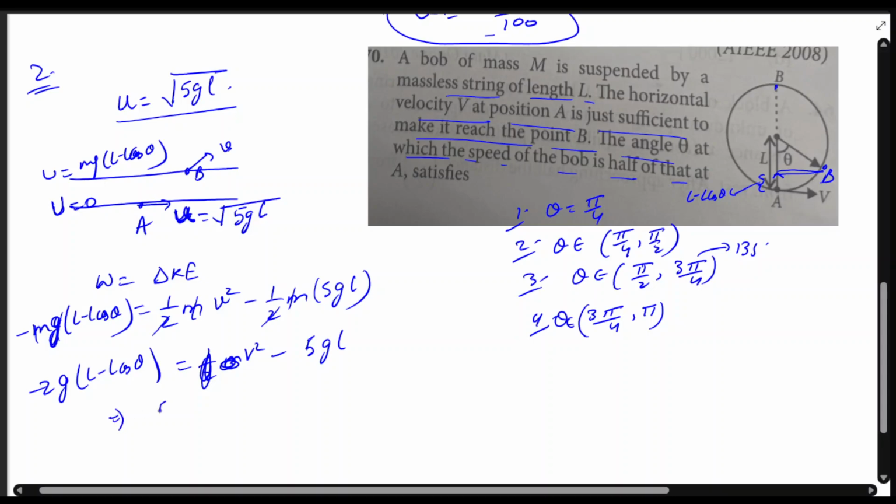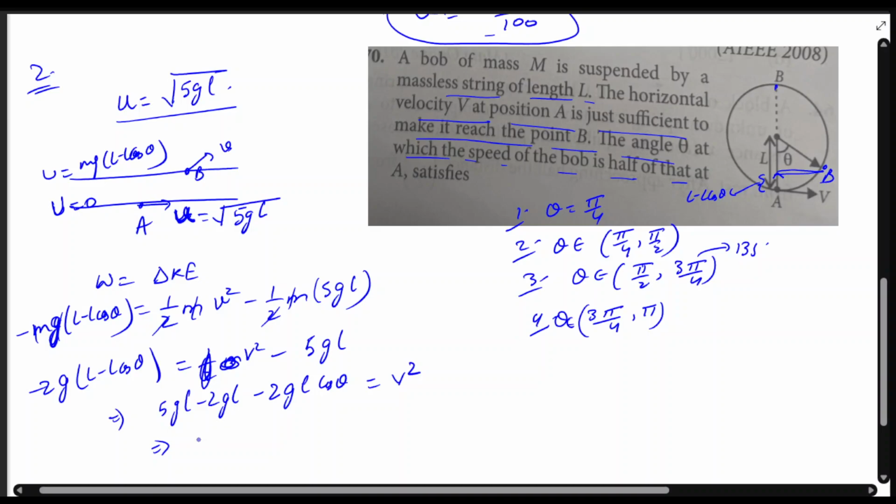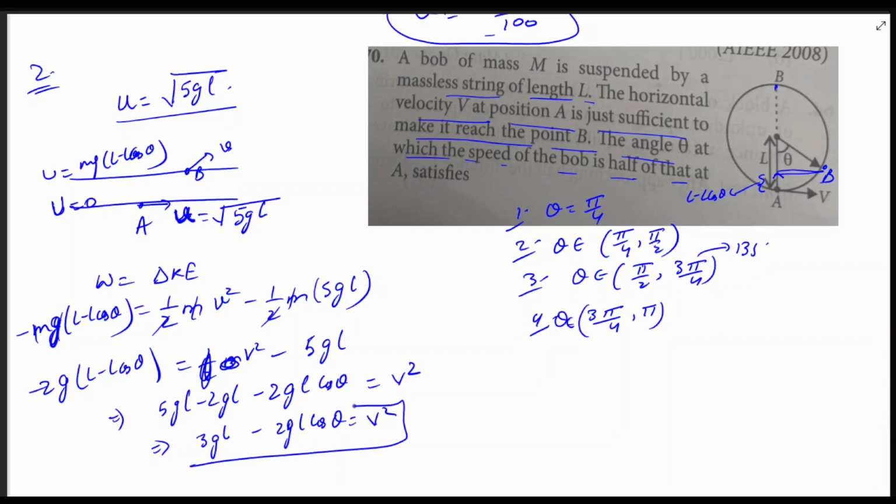So we're left with 5gL minus 2gL minus 2gL cos theta equals v square, right? So we get 3gL minus 2gL cos theta equals v square. This is our final equation.